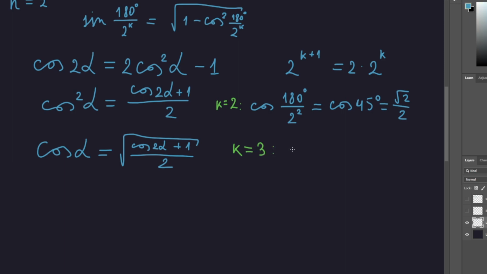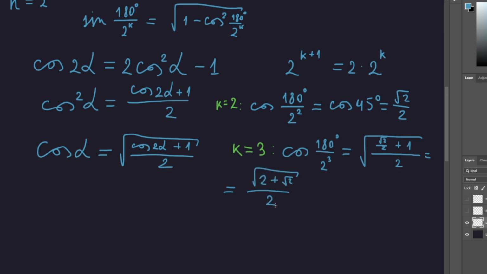To find the new cosine of this angle, we can just use this formula here and say that it's the square root of previous cosine plus 1 divided by 2, which, if you simplify this expression, is just square root of 2 plus square root of 2 divided by 2.